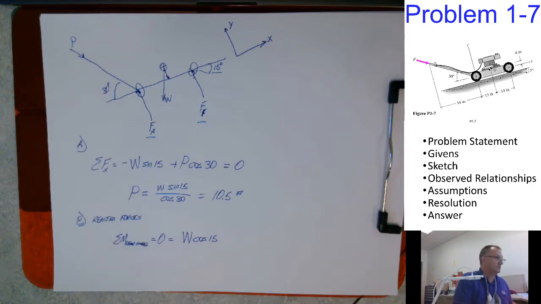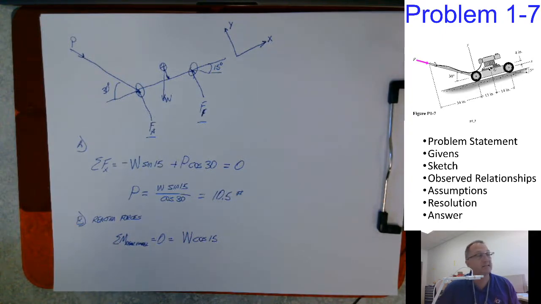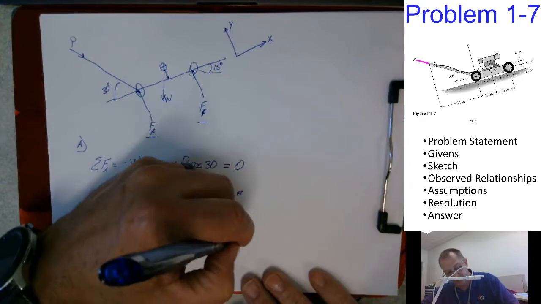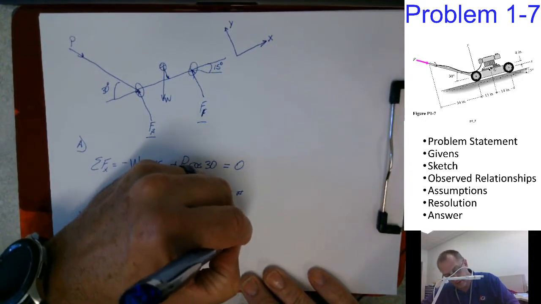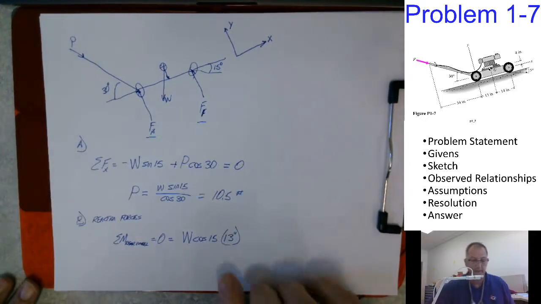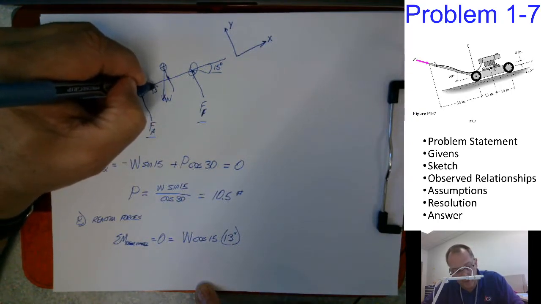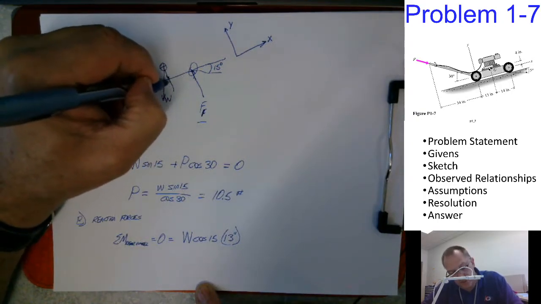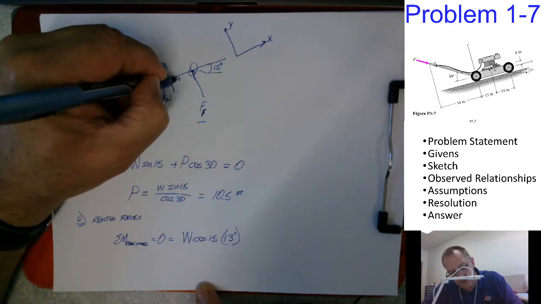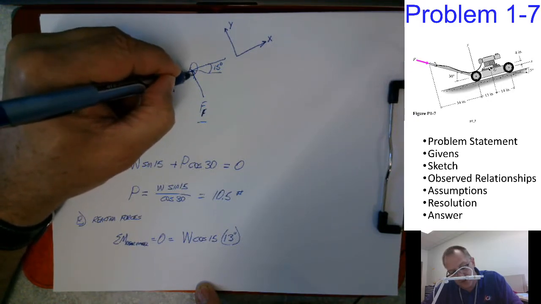I didn't copy those dimensions down, so I have to look back at my diagram. That's 13 inches from here to here. And this distance, I'll put it in right now since we're dealing with it, that's 14 inches.